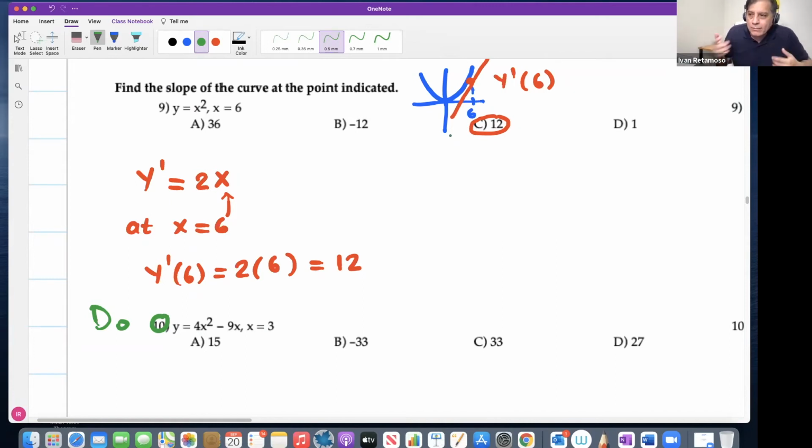They're just trying to figure out the slope of the tangent line when they say the slope of the curve. The hint is to find first y prime, the derivative, using the formulas that you know, and then evaluate that derivative at x equals 3.